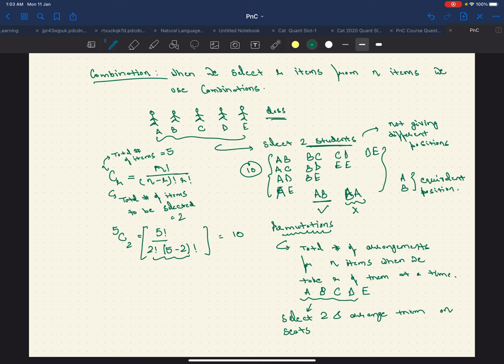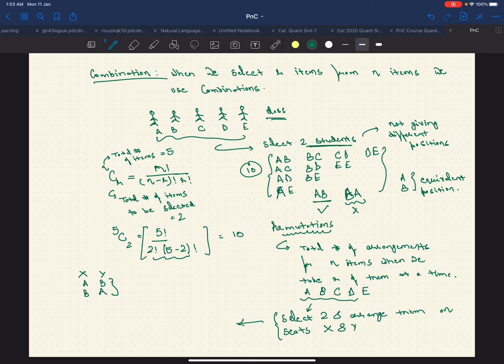Now, what are the different number of arrangements possible here? Let's look at it first using the counting procedure. The seats here are X and Y. So one is AB and one is BA. Note that here AB and BA are different, unlike the case of combinations.